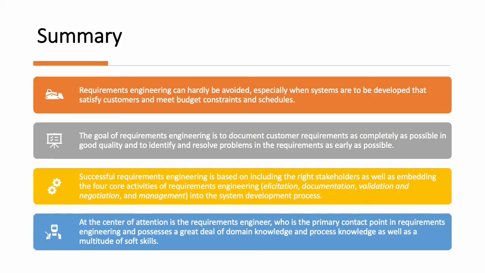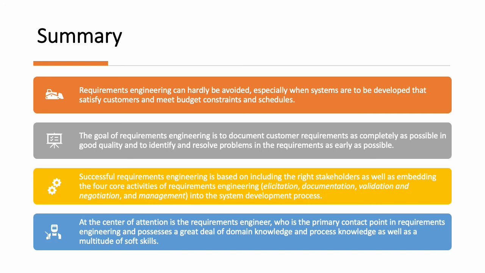The last is the summary of this conversation. First, requirement engineering can hardly be avoided, especially when systems are to be developed that satisfy customers and meet budget constraints and schedule. The second is that the goal of the requirement engineer is to document customer requirements as completely as possible in good quality and to identify and resolve problems in the requirements as early as possible.